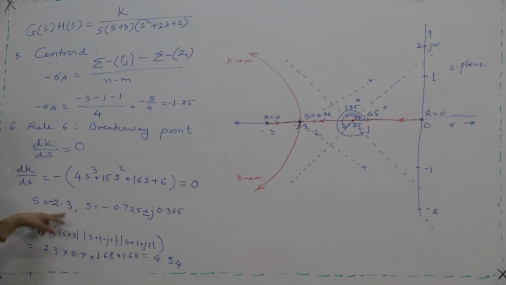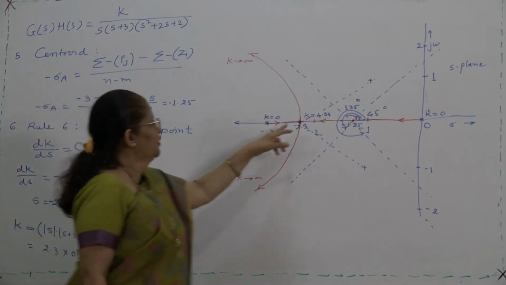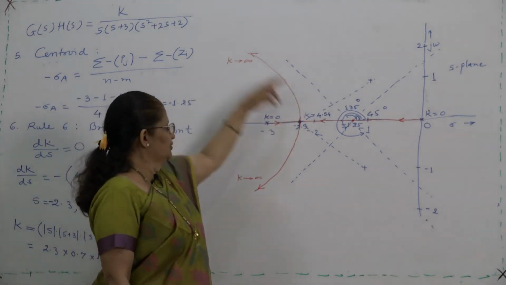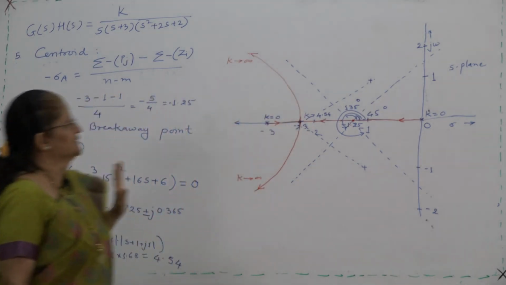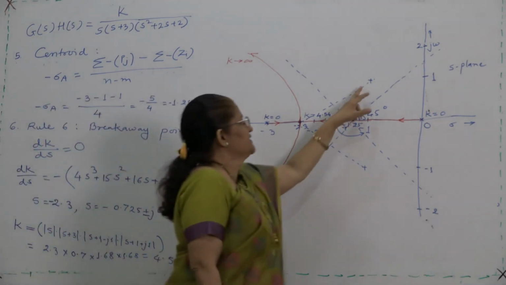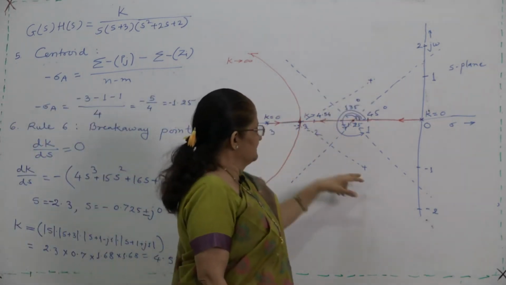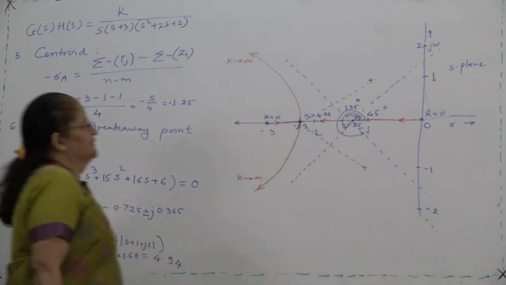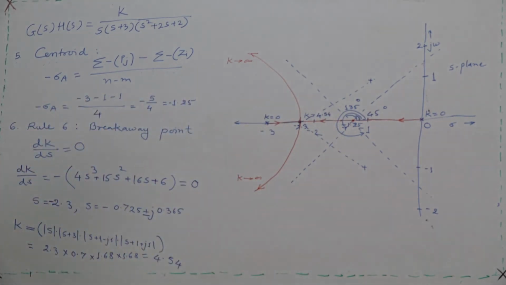So, what have we done? Find the centroid, draw the asymptotes. Once we have the asymptotes, we have to find the breakaway point. How to find the breakaway point? dk by ds is the breakaway point. If more than one are there, where two branches are meeting, then you have to find out which is correct.